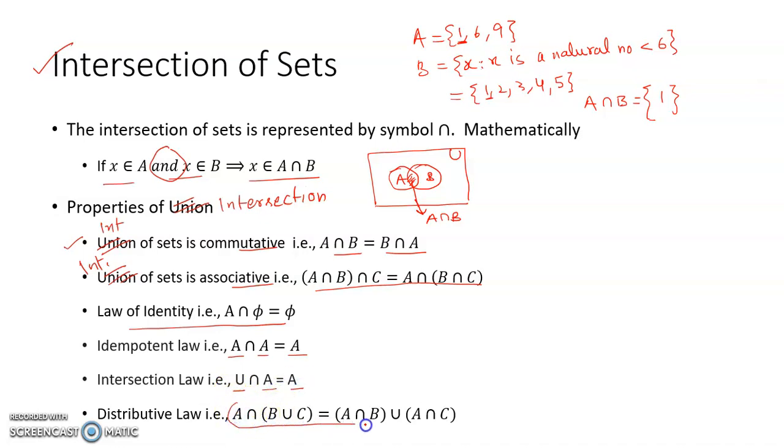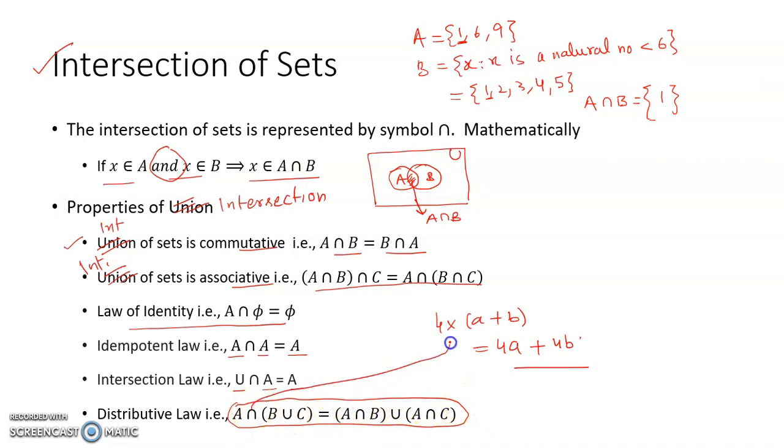And this is an important law, which is called the distributive law: intersection is distributive over union. You don't have to get confused by it. You can simply think of it this way: if you have something like 4 multiplied with A plus B, you simply write it as 4 times A plus 4 times B. In the same way, this is distributive.